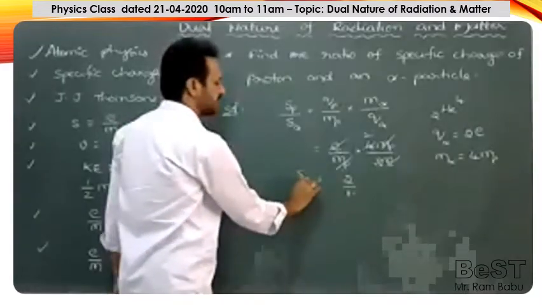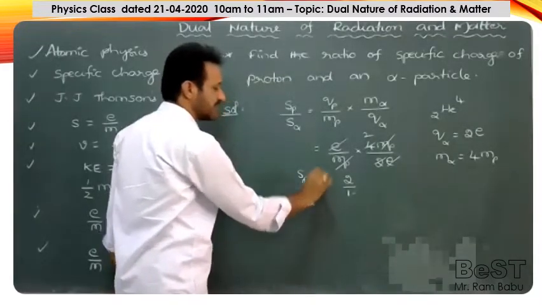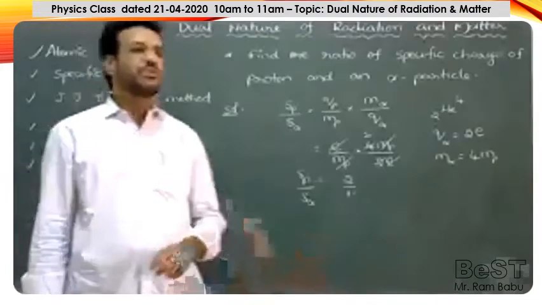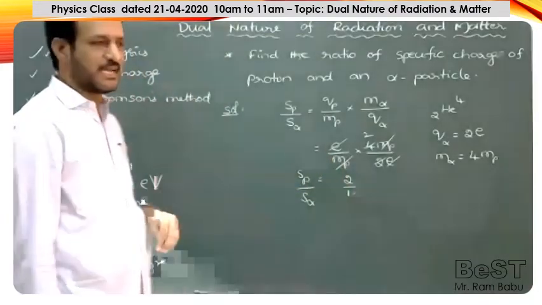So the specific charge of the proton to the specific charge of the alpha particle is 2:1. A simple question; this type will be asked.